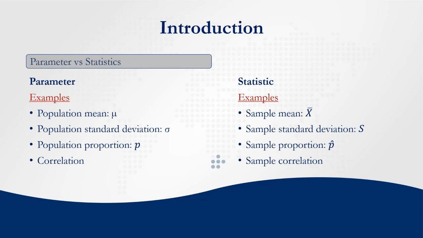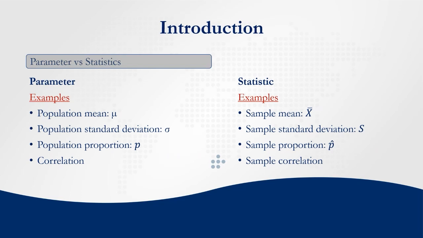Similarly, if I get a standard deviation from the population, it's going to be the population standard deviation. We can also measure proportions, like the prevalence of something, the proportion of the observations which have a certain attribute. And we can also look at correlation, so that would be a population correlation.